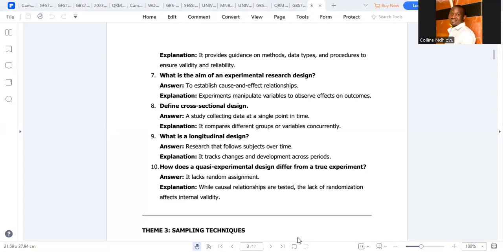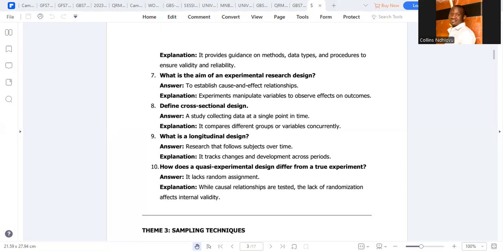We have what we call longitudinal research design. What is a longitudinal research design? It's research that follows subjects over time. It tracks changes and developments over a period of time. It involves gathering data from the same subjects at multiple points, so longitudinal has a time interval.